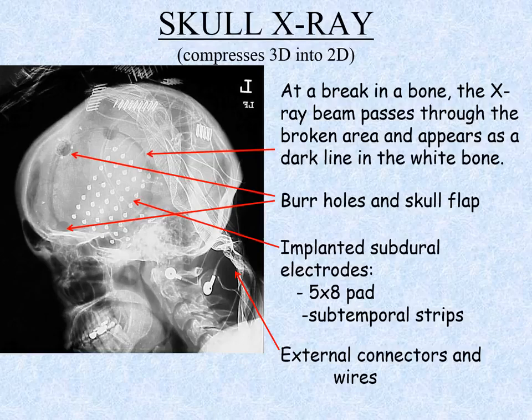What you can see here, collapsed from 3 dimensions into 2, is the bone, electrodes that are actually inside the skull, and then staples and wires that are outside on the scalp, all shown in this 3 dimensions reduced to 2 dimensions.